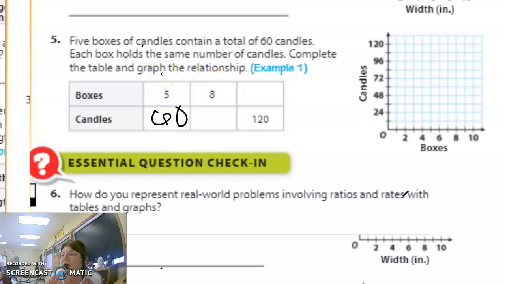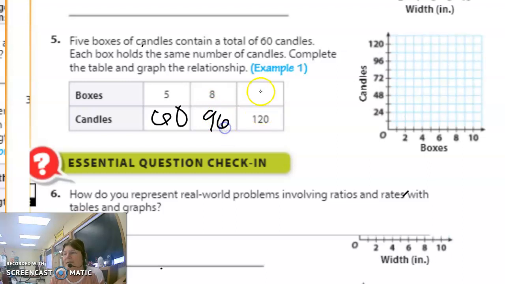We have to sit down and find that ratio between 8 and whatever this number is going to be. This number is 90? No. Let me think about that a second. It's not going to be 90. I have to redo that one. 96. There we go. 96.